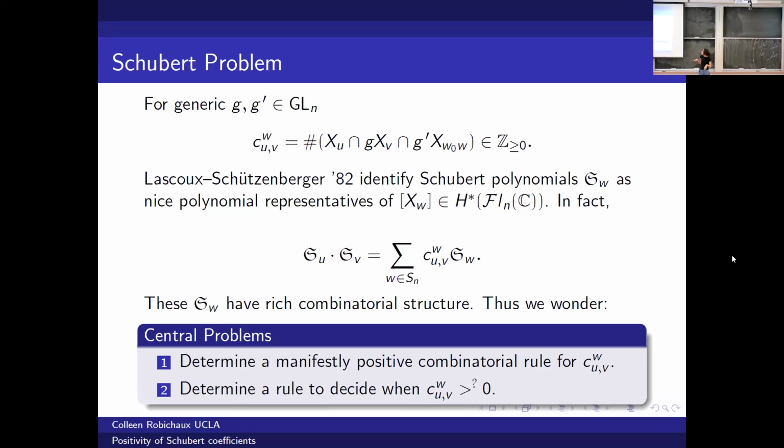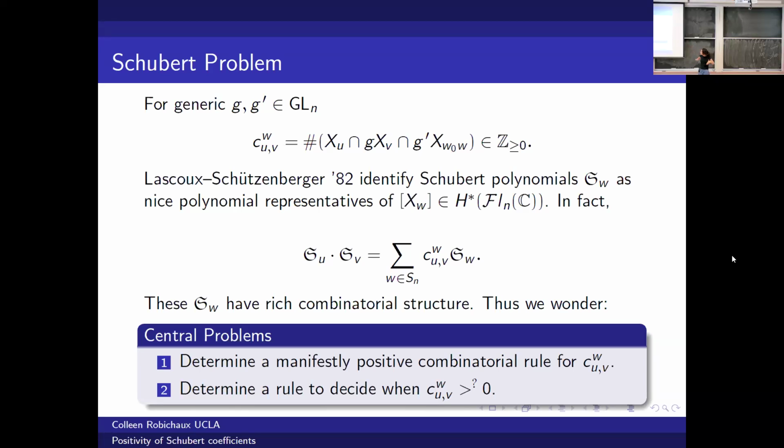In 1982, Lascoux and Schützenberger identified Schubert polynomials as nice representatives for the cohomology classes of the Schubert varieties in the cohomology ring of the complete flag variety. Why do this? Well, you can use cohomology to give a rigorous framework for this intersection theory.